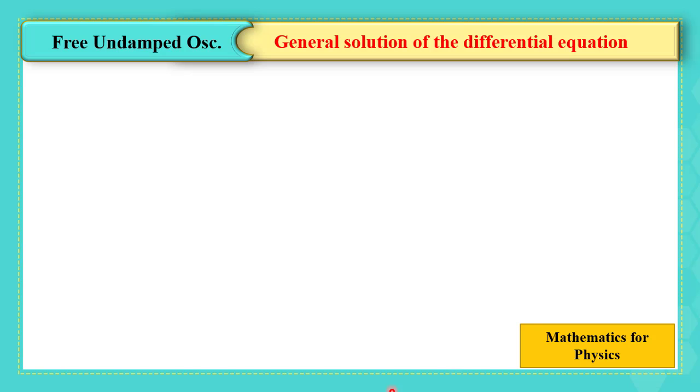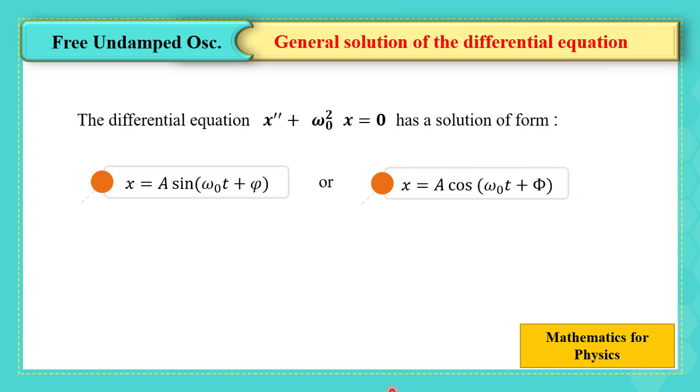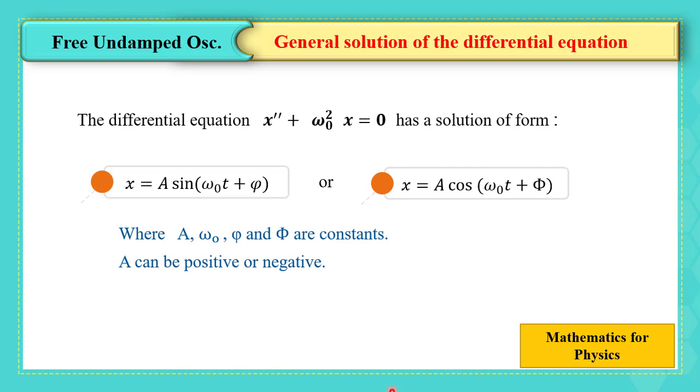Now the second question that you may ask is, how can this differential equation help us in studying motion? Actually, this differential equation has a solution, and this solution is of the form either x equals a sine of omega 0 t plus phi, or x equals a cosine of omega 0 t plus phi, where a, omega 0, and phi are constants.